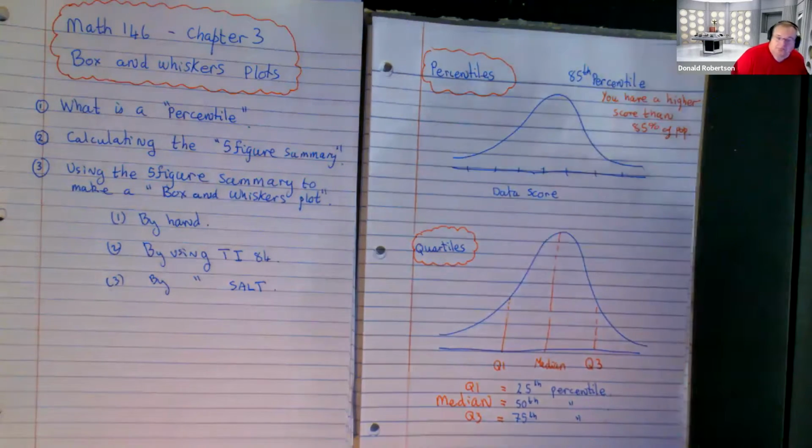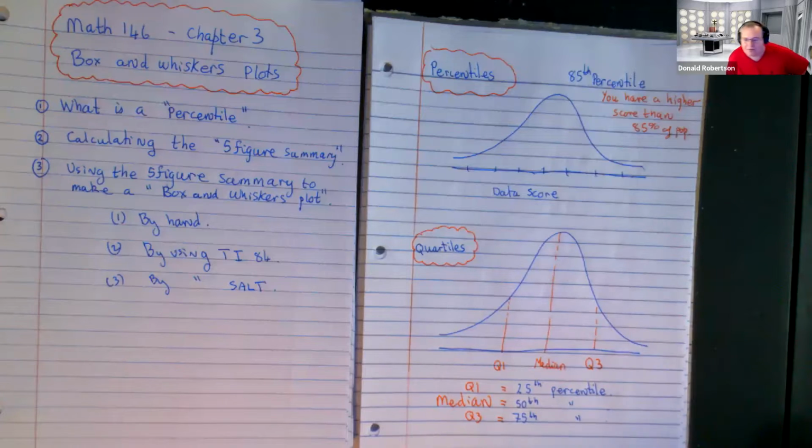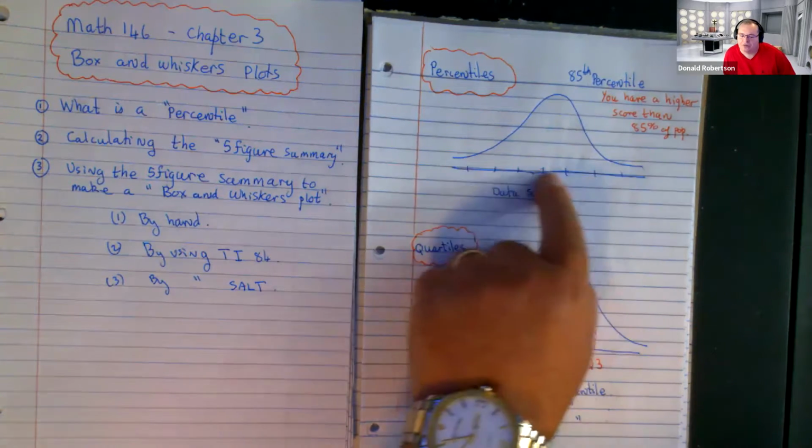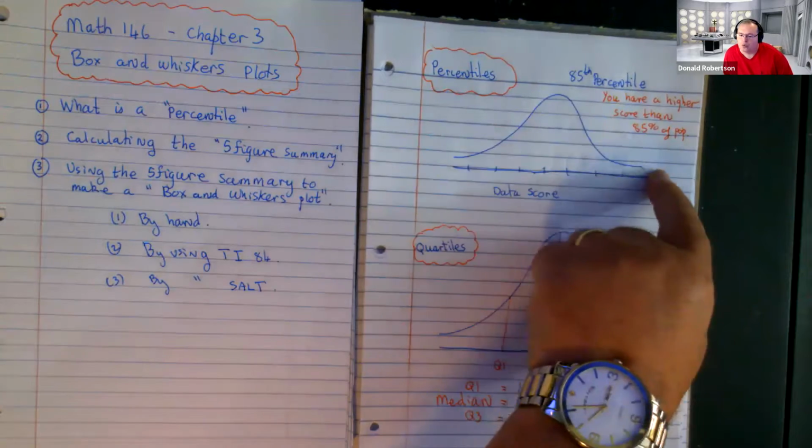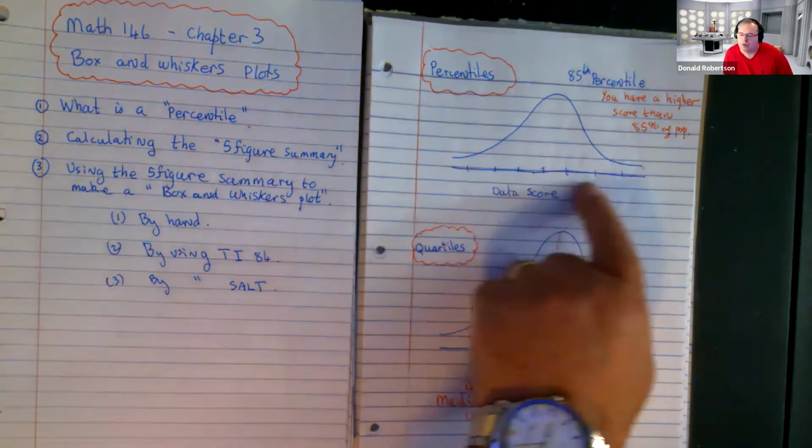There's a good chance that a lot of you have come across the term percentile. If you did an SAT, for instance, one of the things they might tell you is that you're in the 23rd percentile, or the 80th percentile, or the 99th percentile, whatever it might be. For example, imagine this represented all the different scores that people got in a test.